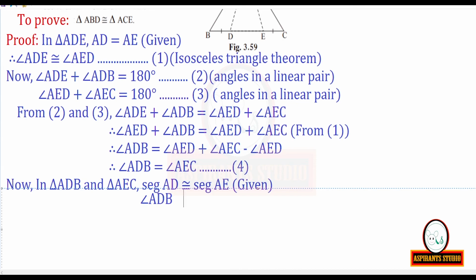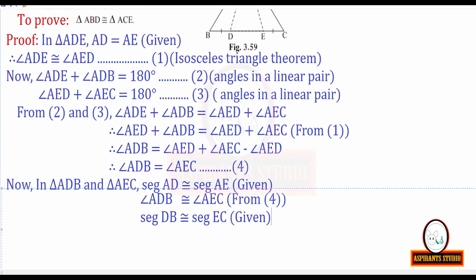We have proved and kept it as equation number 4. So within brackets you write the reason from equation 4. Now you are given segment DB is congruent to segment EC. So within brackets you write the reason given.